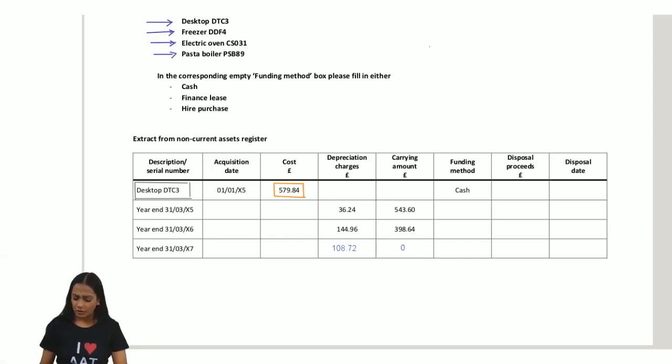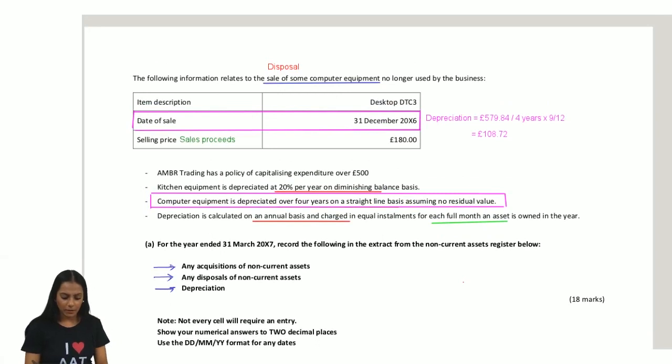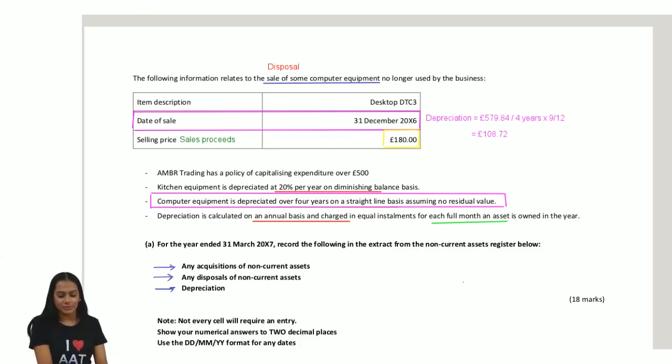And let's just scroll up to help us remember. There we go. It says that the disposal proceeds or the sales proceeds is £180. That is how much you sold the asset for.